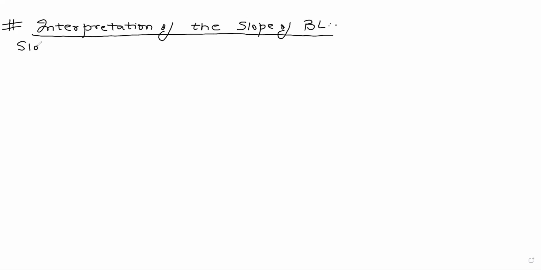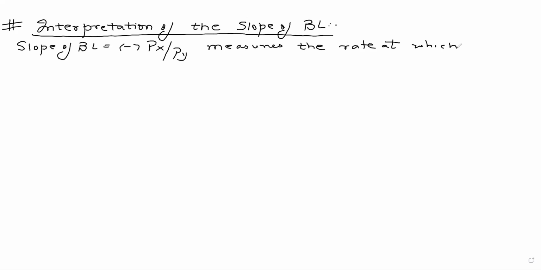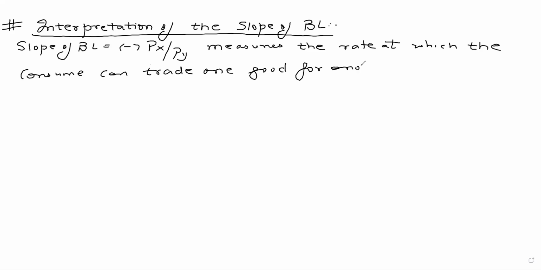So the slope of the budget line, which we have found as minus Px by Py, measures the rate at which the consumer can trade one good for another.